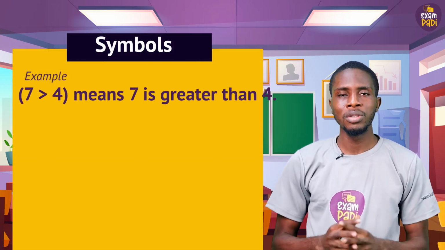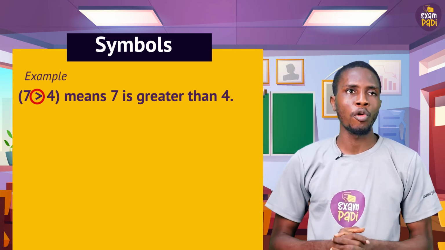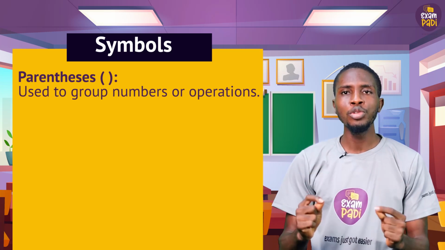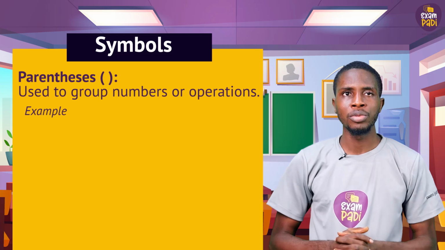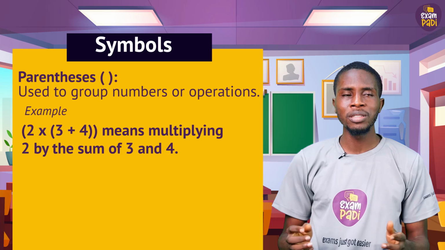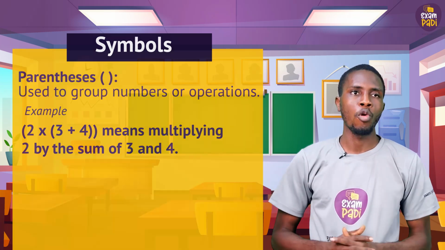For example, 7 greater than 4 means 7 is greater than 4. Parentheses, also known as brackets, are used to group numbers or operations. For example, 2 times bracket of 3 plus 4 means multiplying 2 by the sum of 3 and 4.